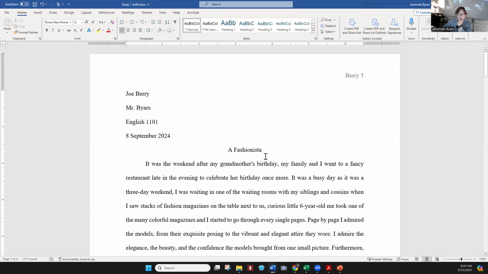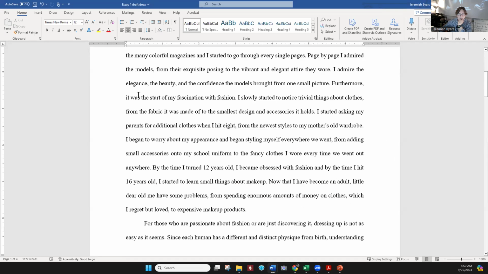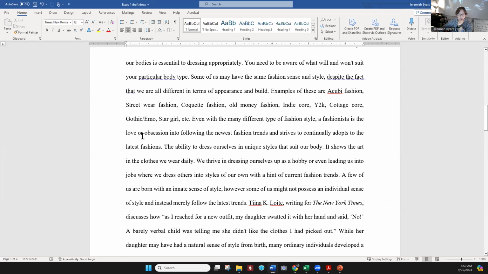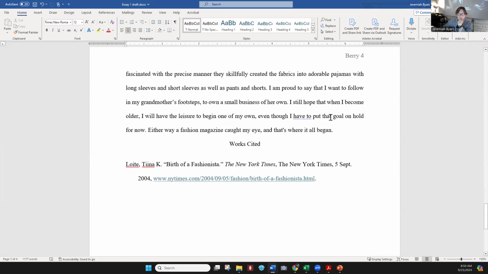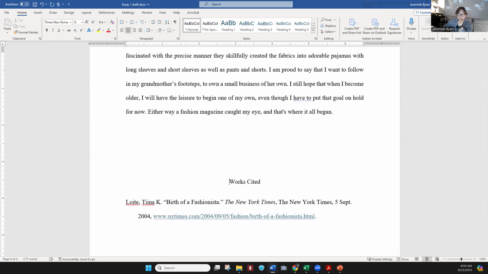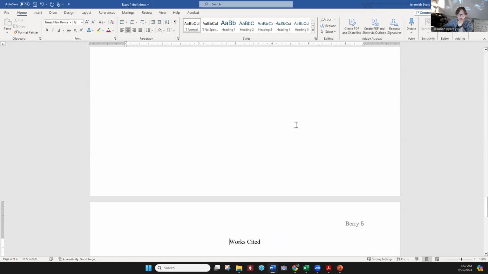Joe Barry wrote about being a fashionista. So let's look at MLA formatting first. The space between paragraphs is the same as the space between lines. Paragraphs are indented. We have a header and a heading. Okay, great. This would be an error if this was an actual paper because the works cited needs to be on its own page.